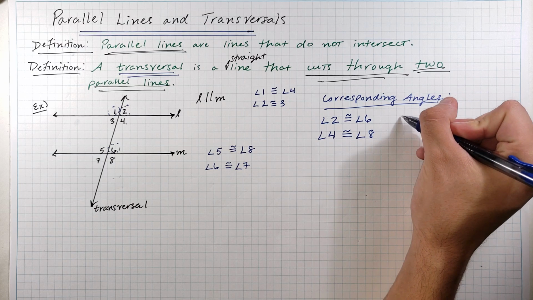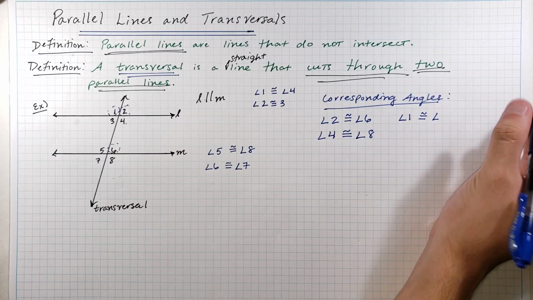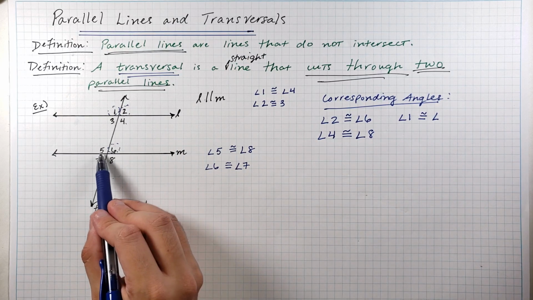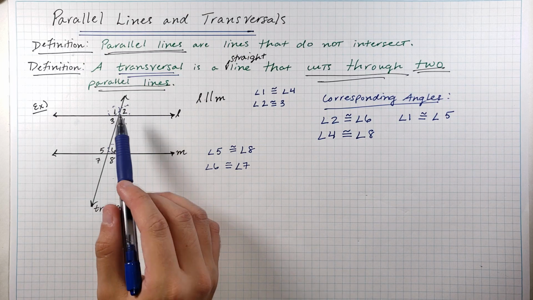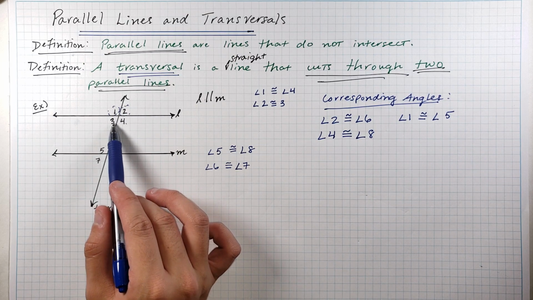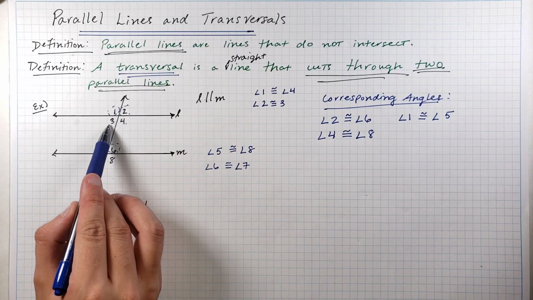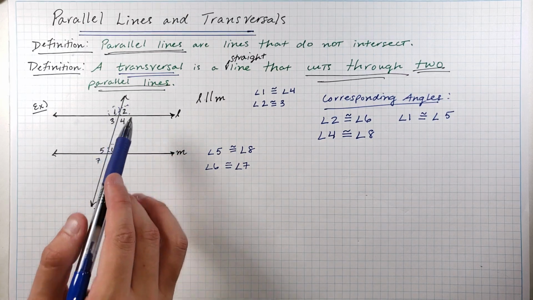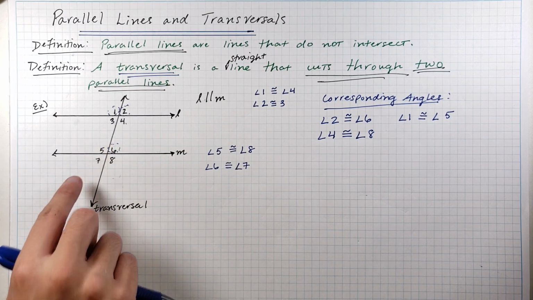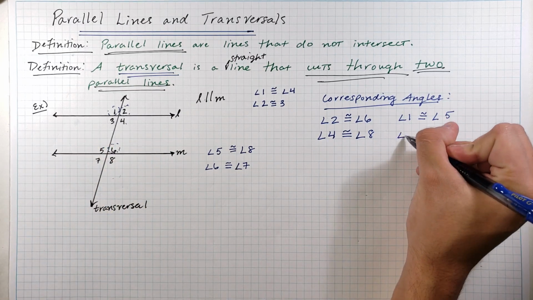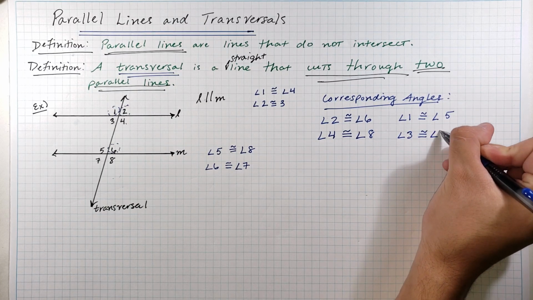So we can say angle 1 is congruent to angle 5. And we can say the same thing for number 3. Angle 3 is in the bottom left of this top part, and angle 7 is in the bottom left of this bottom one. So we can say angle 3 is congruent to angle 7.